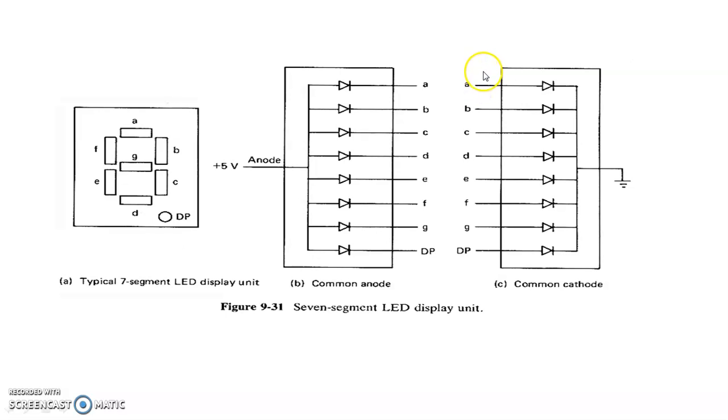For the LED to glow, the value has to be 1. Only when the value is 1, the LED will glow. So if only the bits B and E are made 1, only these two LEDs will glow, the rest will not.